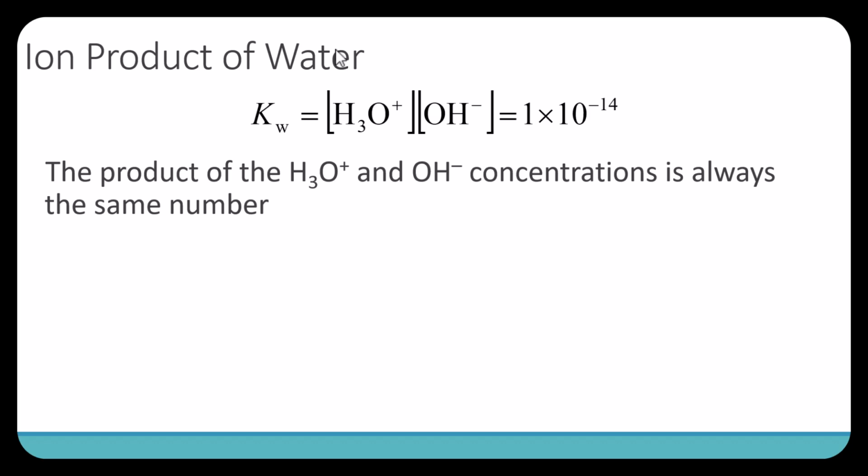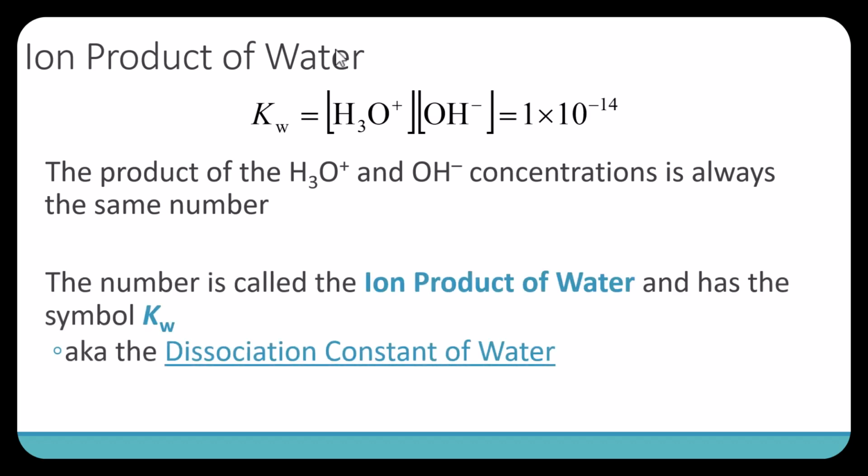It equals 1.0 times 10 to the negative 14. This number is called, like I said, the ion product of water. I learned it as the dissociation constant of water. So you might hear me use this term. These two really mean the same thing. This is just the one that I learned. This is what textbooks are calling it now. But they both mean the same thing.